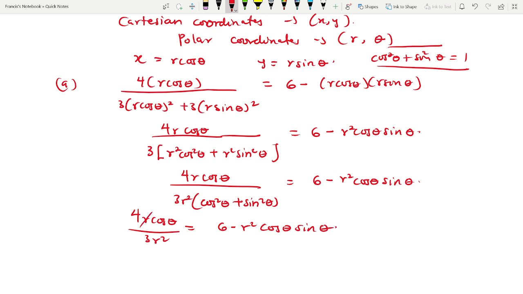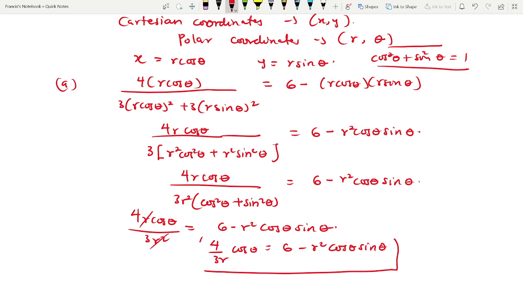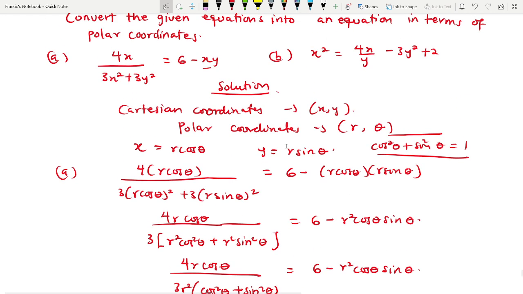Yes. This r can take one of the r's here. Then finally, we have 4 over 3r cos theta is equal to 6 minus r squared cos theta sine theta. And that gives us the equation in terms of our polar coordinates only. This is how we solve it. And this was for the first part of the question.